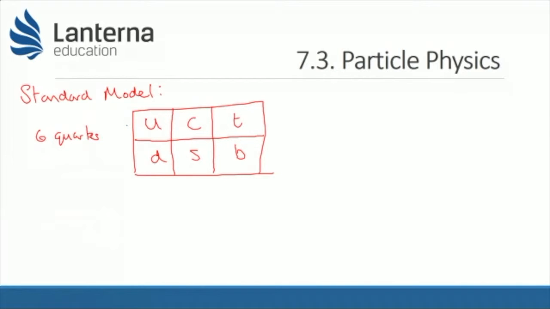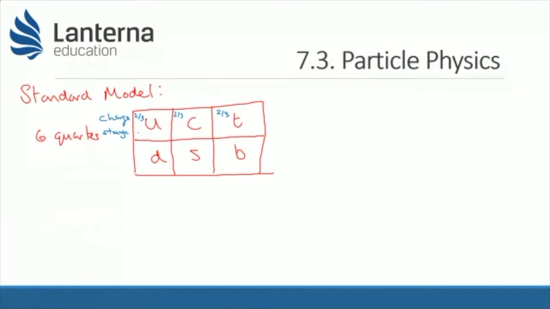So the 2 most important quantities that you need to know are going to be their charge, which will always be the top number, and then their strangeness. So the charge of this top line is 2/3 for all of them, which is why they're in the same row.